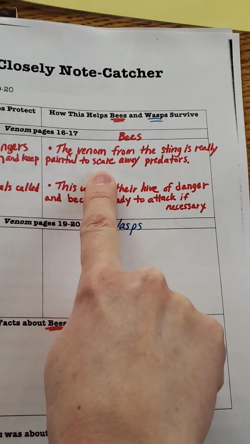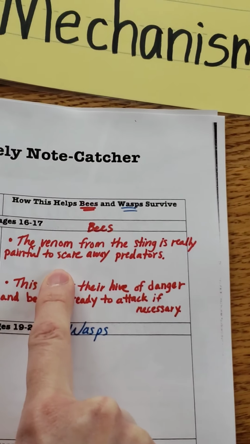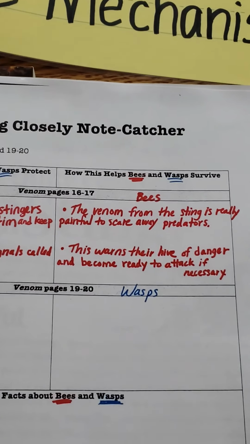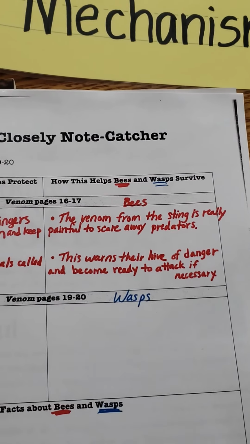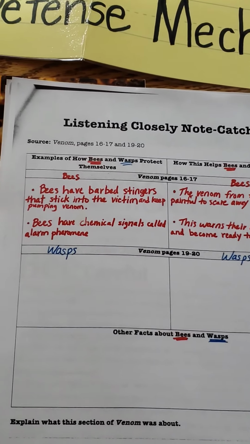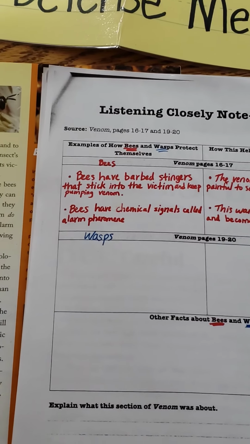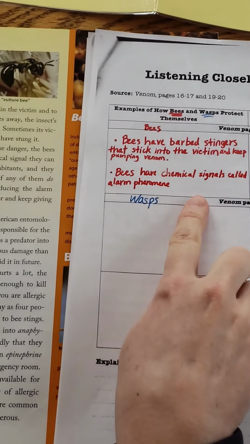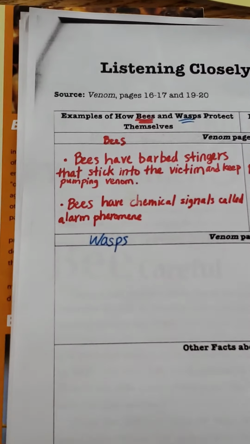Well, the venom from the sting of the bee is really painful to scare away predators. Just having that stinger scares away predators because they remember it. So that's the first thing. And the second thing I found very interesting about bees from the notes from our article is that they have chemical signals called alarm pheromones.